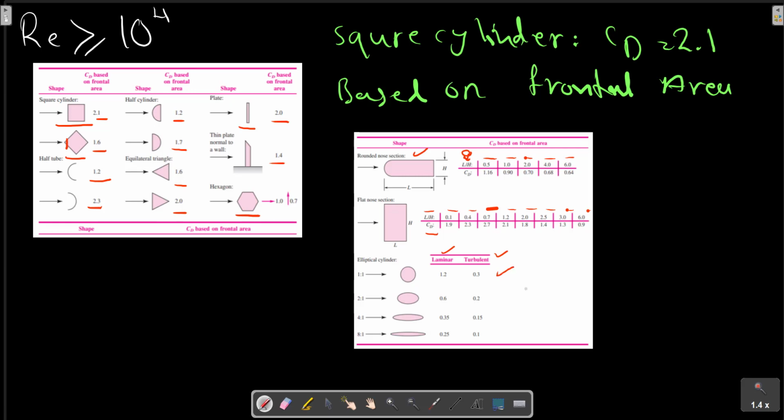The proportion of two chords, for various ratios of chords, this table shows the various drag force coefficients. There are also some example solution videos in the channel video.